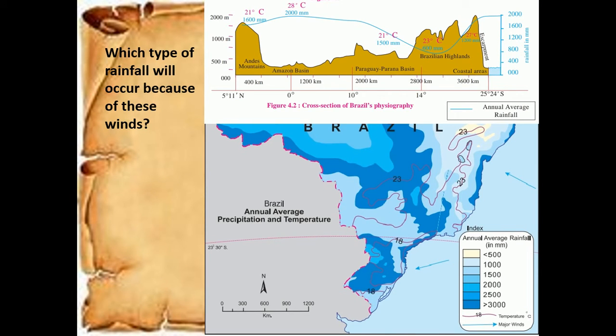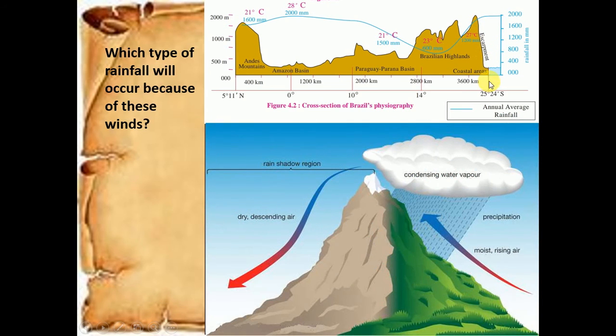Which type of rainfall will occur because of these winds? Now you see, you have the escarpments, which are very steep. When the winds blow from the oceans, they are obstructed by the escarpments and move upwards, and they give what is called orographic rain. See the diagram here.